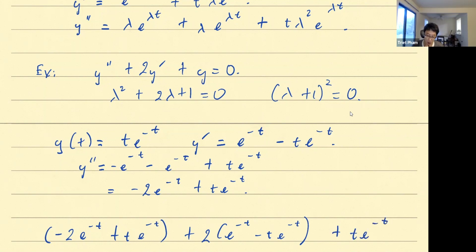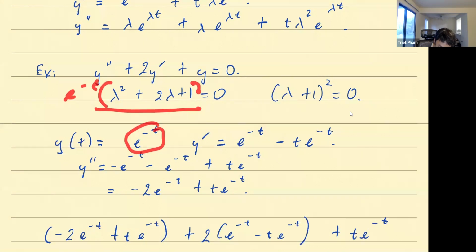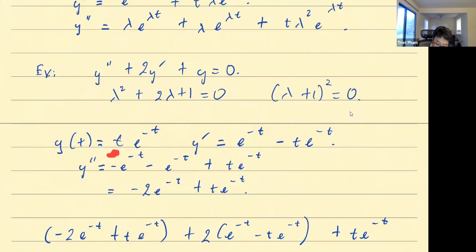So what I want you to pay attention to is this. When you only have the solution that is e to the minus t, it's easy to see the effect, because when you differentiate, you get exactly the characteristic polynomial times e to the minus t, which is 0, like I said. But when you have the t term in front of it, you see that the product rule sometimes differentiates on the t, sometimes differentiates on the exponential.